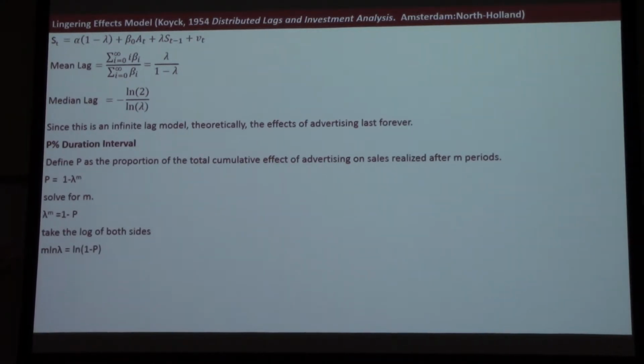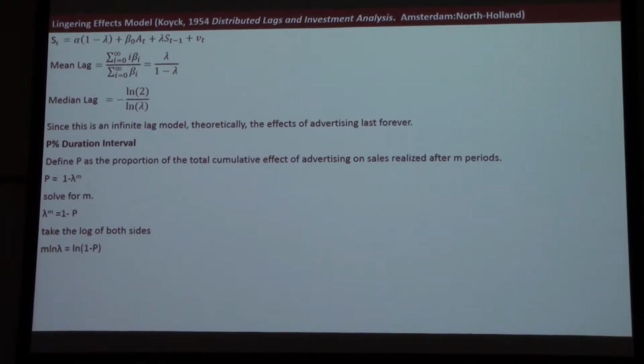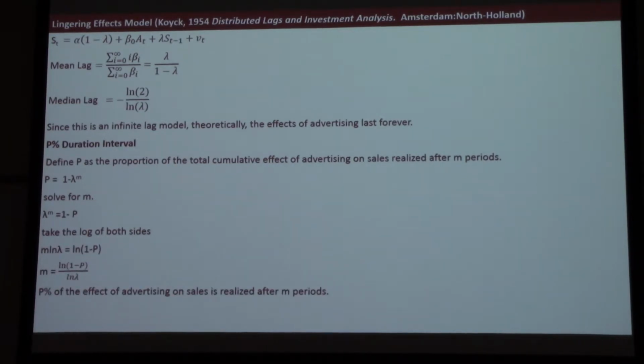And we've got m times the log of lambda equals the log of 1 minus P. Then divide both sides by the log of lambda, and we got m. So what does this tell us? It tells us what percent of the advertising effect is realized after m periods, subject to duration interval bias, which we'll talk about also.